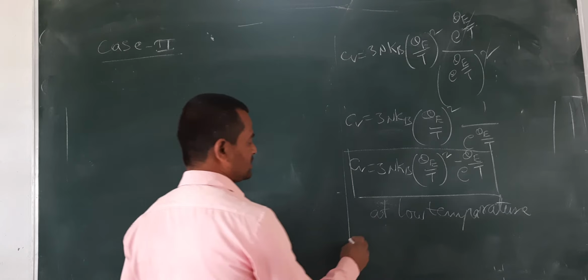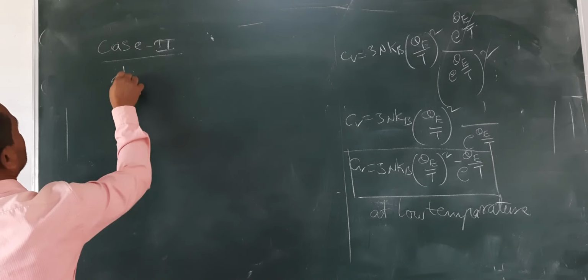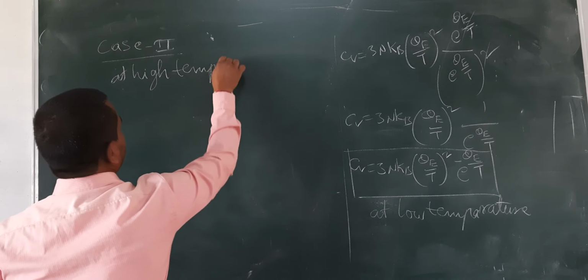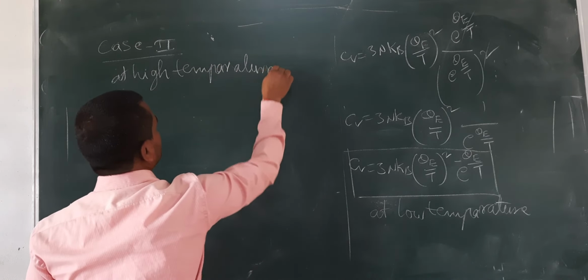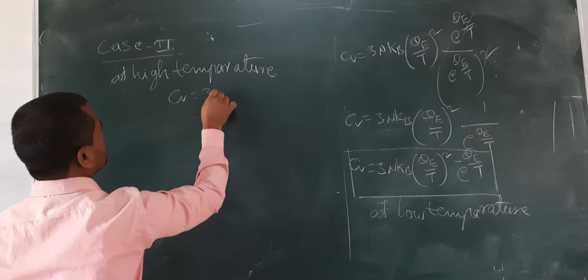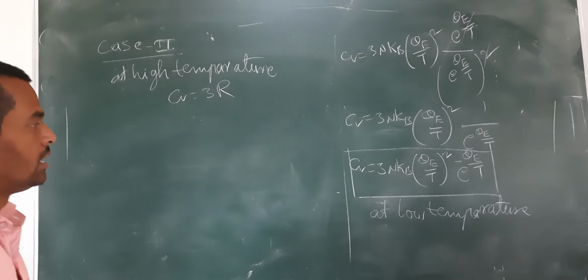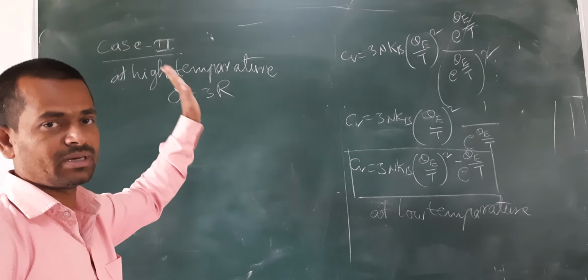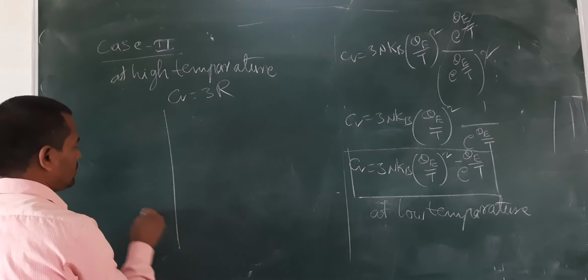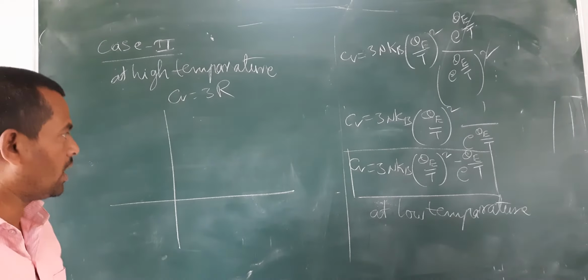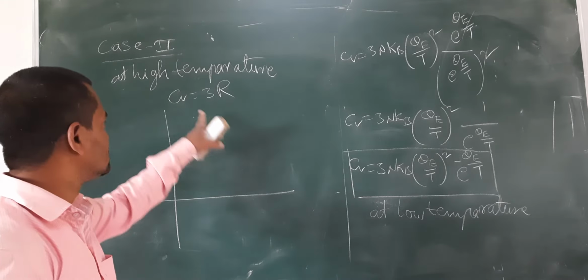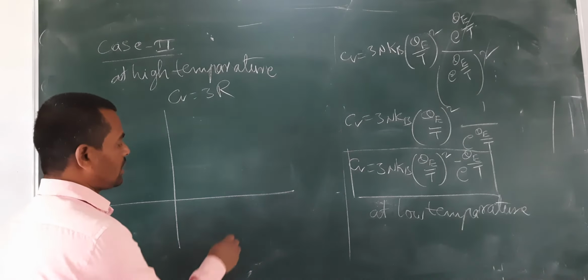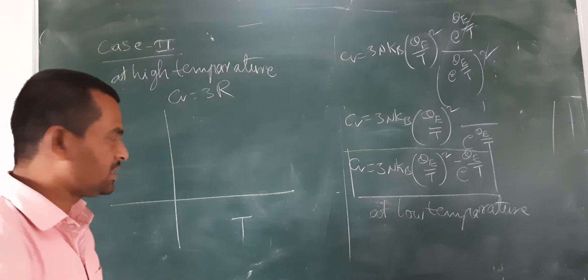At higher temperature, what is it? Cv equals 3R. At a lower temperature, the Cv formula is this. At higher temperature, the Cv formula is this. Now, let me plot a graph between specific heat at constant volume and temperature.